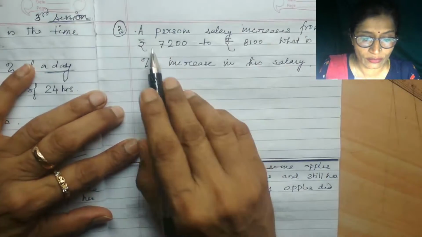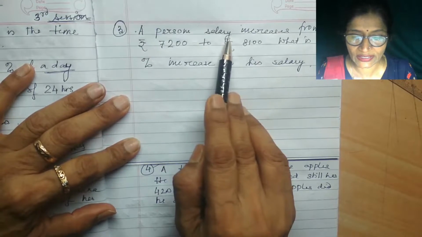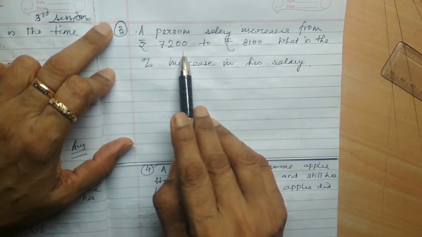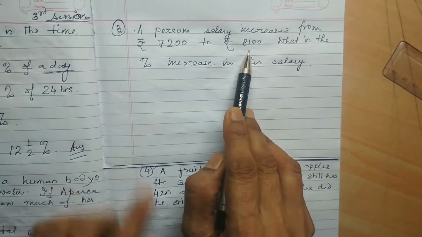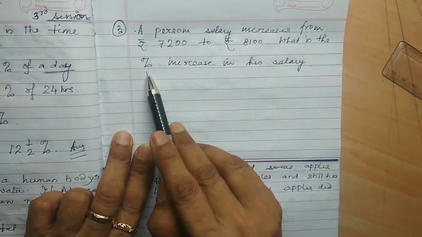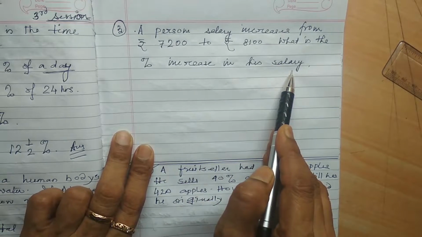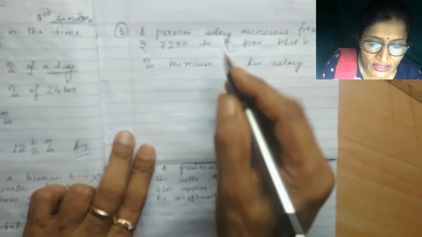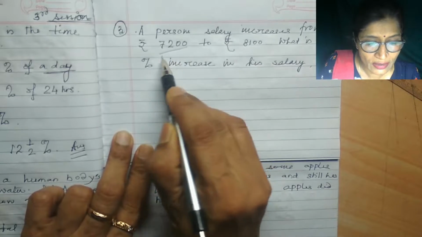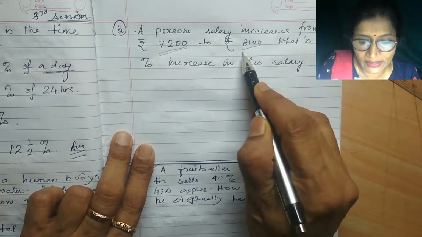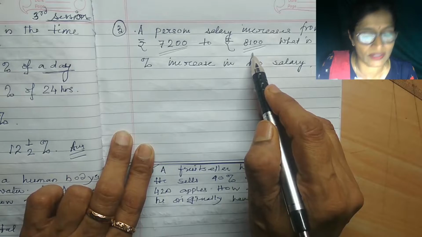Okay. So now next one: a person's salary increases from rupees 7,200 to rupees 8,100. What is the percentage increase in his salary? So here original salary is this, and now final salary, means the new salary after increment, is this.